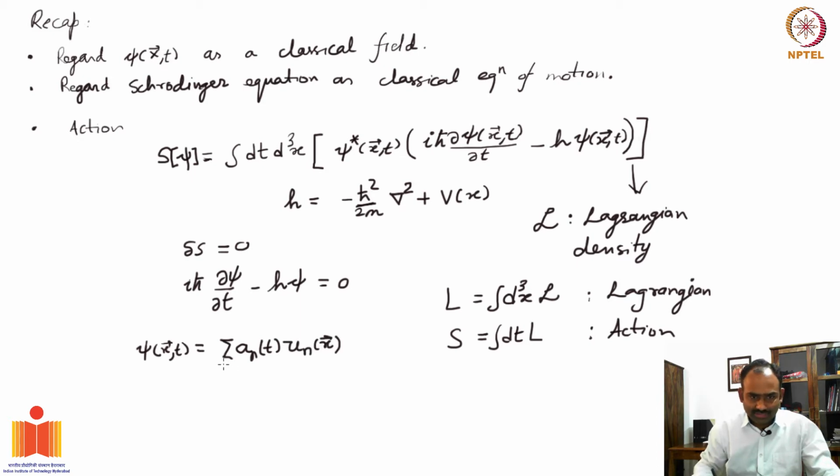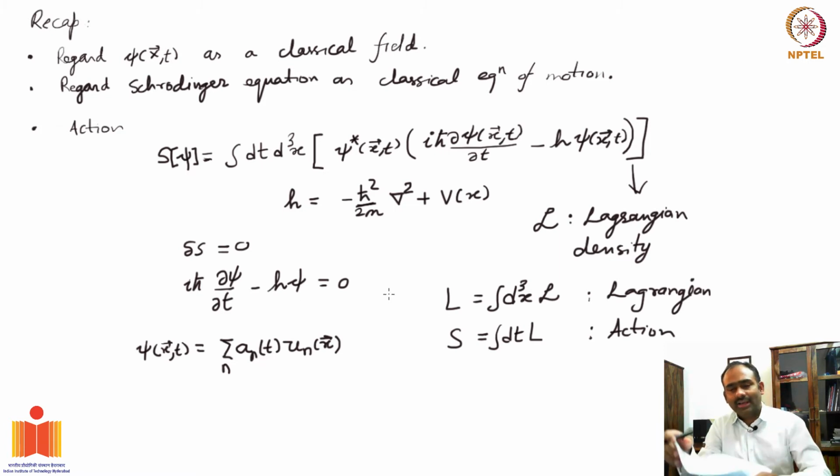And of course, as I mentioned last time, this is a system of infinite degrees of freedom, because n runs from 1 to infinity. You have to specify an infinite number of a's to specify psi. And we also said that the a_n are the generalized coordinates that describe this system, the dynamical variables of your problem.